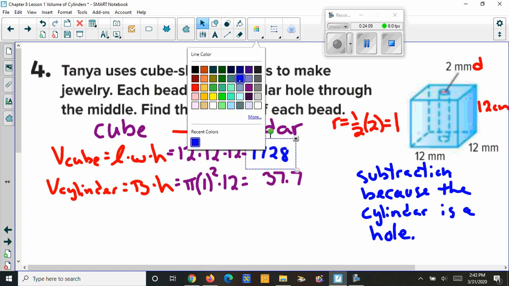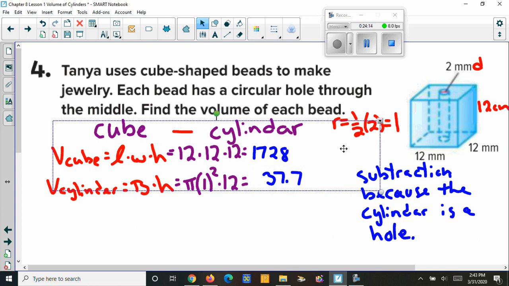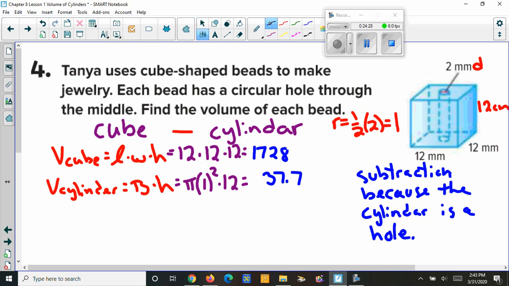So now I have my two volumes. And what was I supposed to do with those volumes again? Well, to find the volume of the bead, it's the cube, and I'm going to take away from it the cylinder. So for the final volume of the bead, I must take the volume of the cube, subtract the volume of the cylinder.